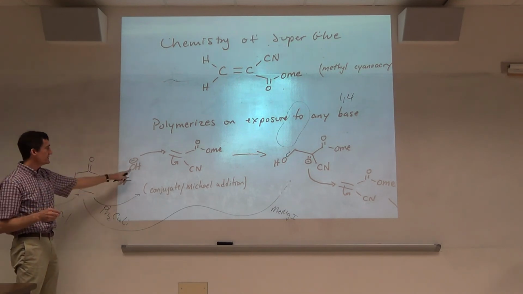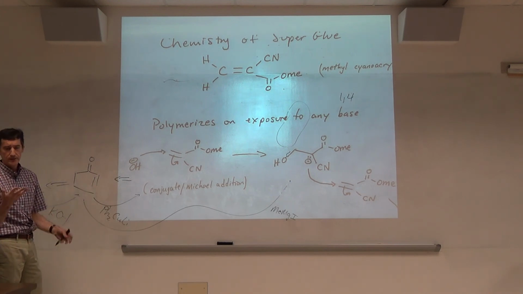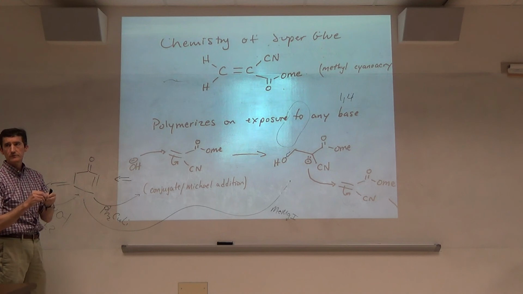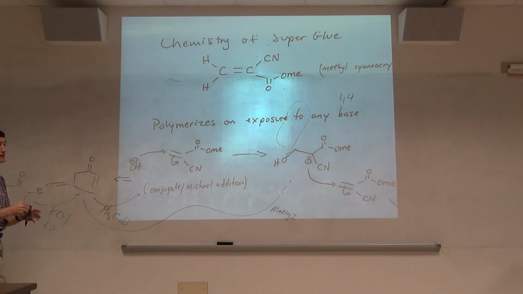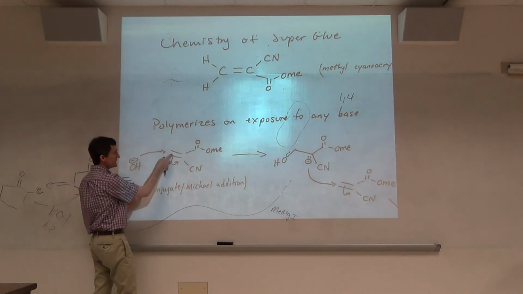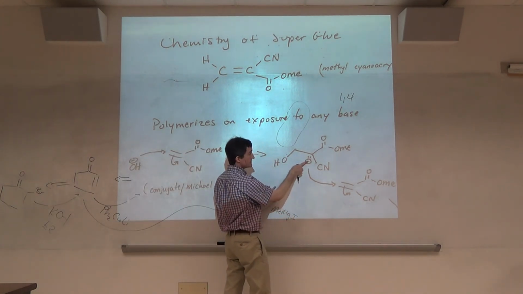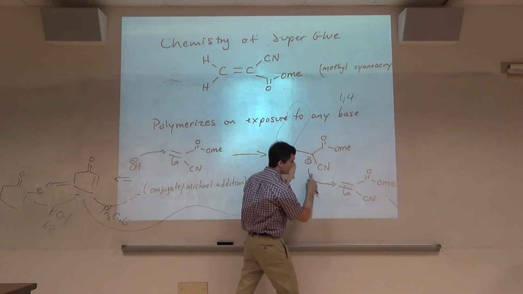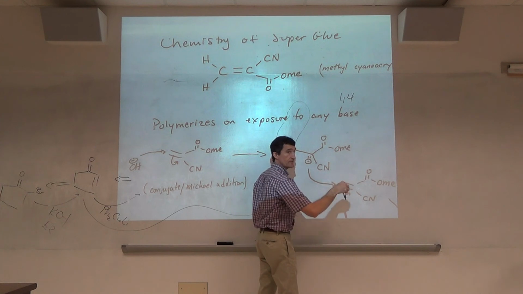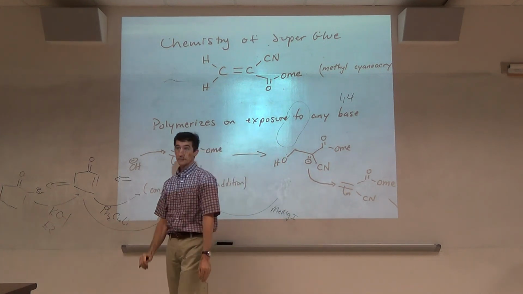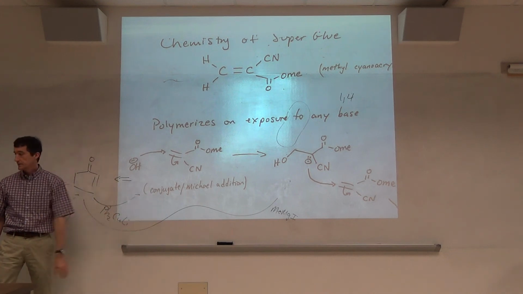There's base everywhere. There's base right here on this desk. All it takes is a trace amount. There's base all over your fingers. You squirt some on your fingers, what happens? Turns to hard glue. How does it happen? Michael addition. Give this anion. But what happens next? This anion can do another Michael addition. Basically, it's Michael addition after Michael addition, and it polymerizes. Starts with a Michael addition, though.